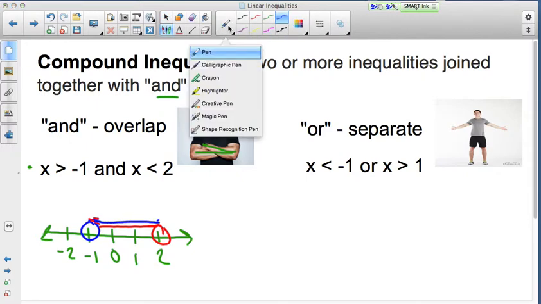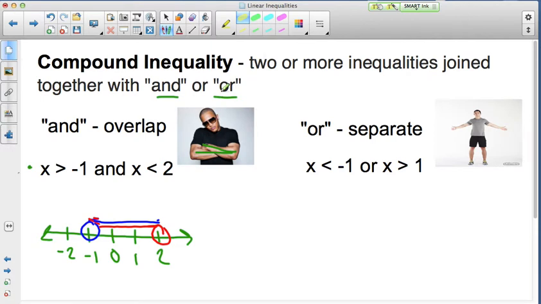So I'm going to highlight for you that all possible solutions to this inequality fall in between -1 and 2. Now, another way to say that is that all of our numbers or x values have to be less than 2, but they have to be greater than -1. So that's just another way to write that.